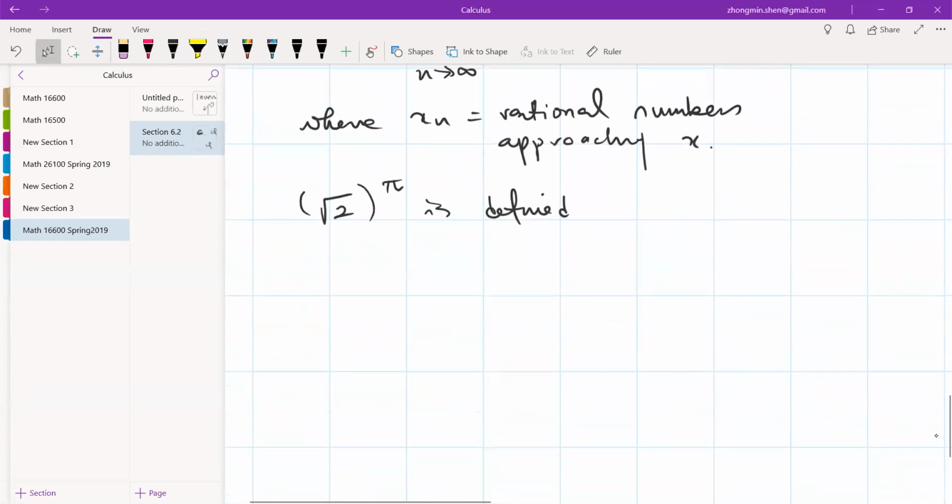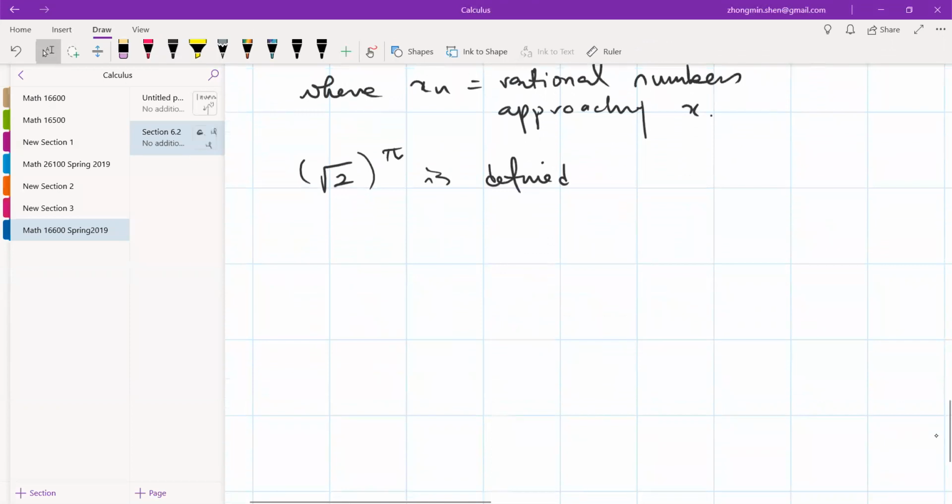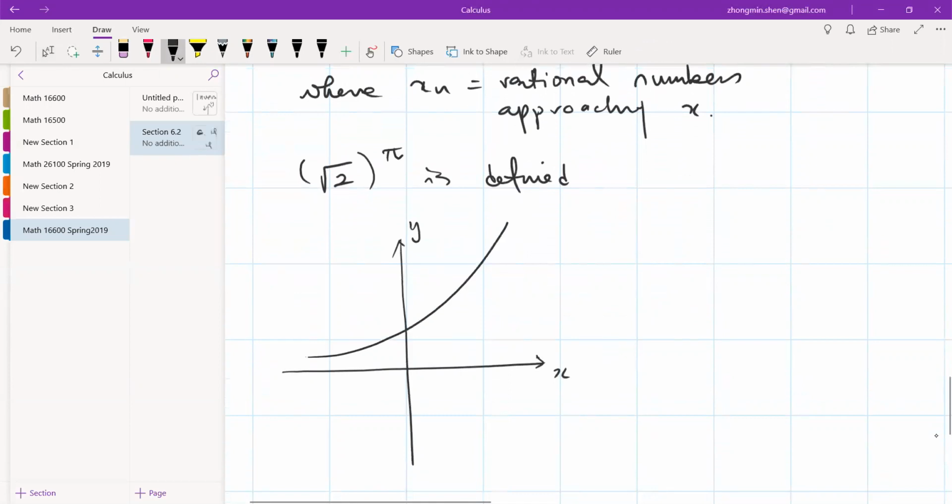And let's take a look at the graph. The graph of the function depends on the value of a. This is the graph of a to the x if a is greater than 1.